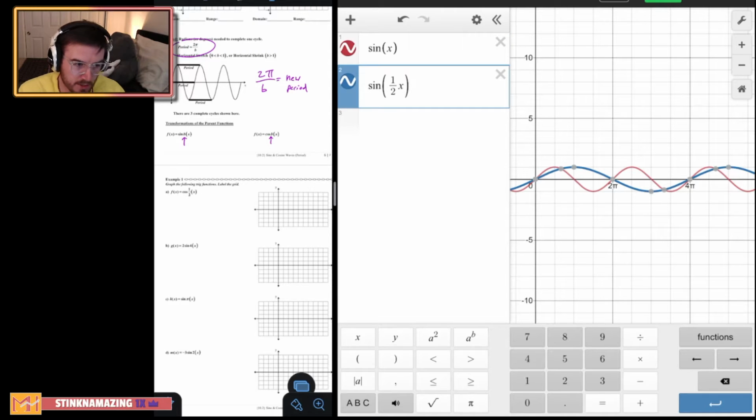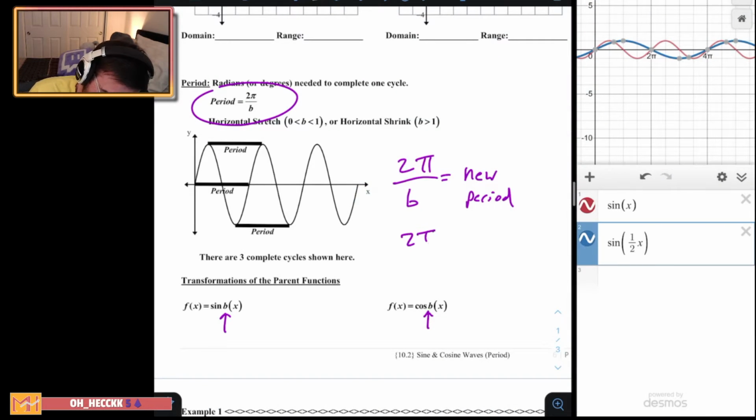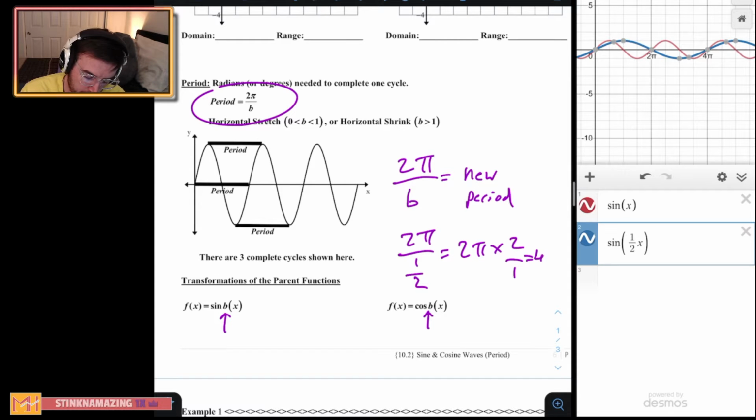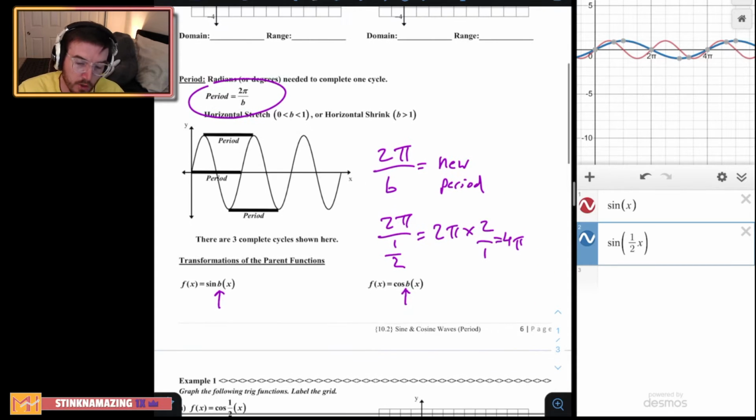The period for this one is 4 pi, because when you take 2 pi and divide it by a half, dividing by a fraction is the same thing as multiplying by the reciprocal. You end up with 4 pi. So our new period is 4 pi.